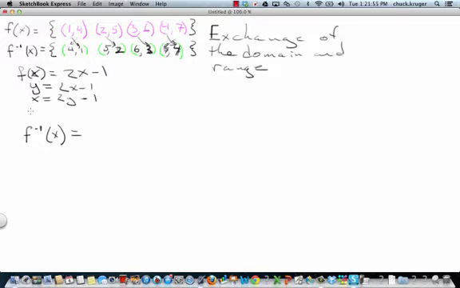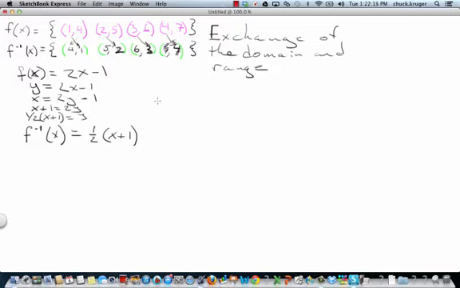Now I'm going to solve for y, so I get x plus 1 equals 2y. Then I divide by 2, so I write 1/2 times x plus 1 equals y. Okay, so that's my inverse.